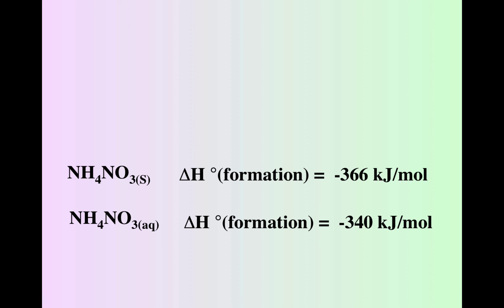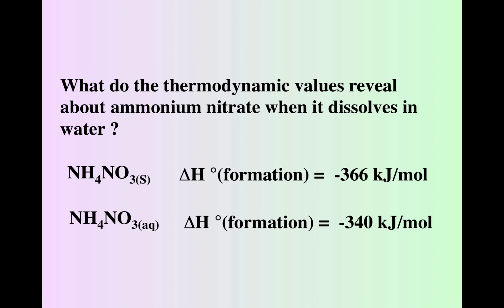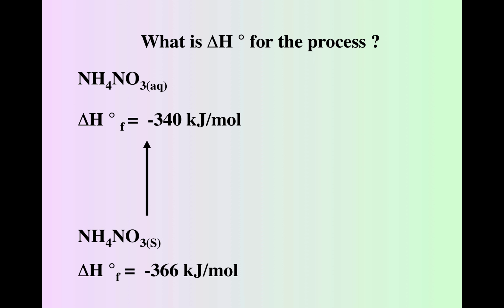So solid ammonium nitrate has a heat of formation of negative 366 kilojoules per mole. Aqueous ammonium nitrate has a heat of formation of negative 340 kilojoules per mole. When I subtract products minus reactants, I end up with an endothermic heat of solution.